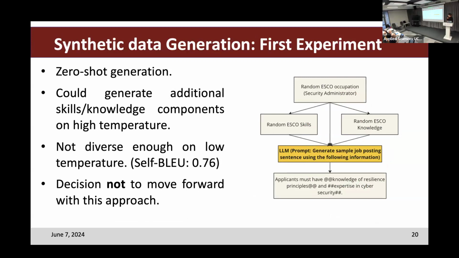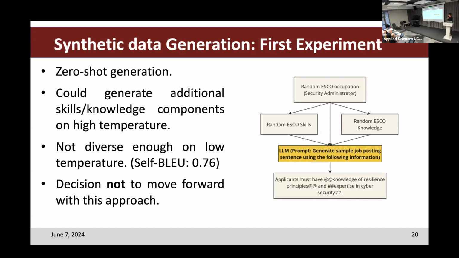It could generate the sentence with the annotations, but it could also insert more skills and knowledge components on high temperature settings, essentially leaving them without annotation. That is a problem because it is just noise in our data set. And on low temperature settings, it could generate consistently without any additional skills and knowledge, but it was not diverse enough.